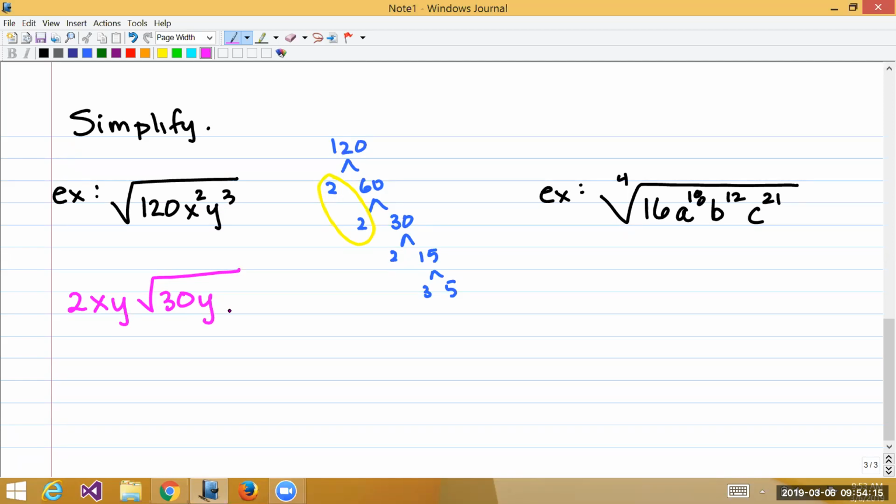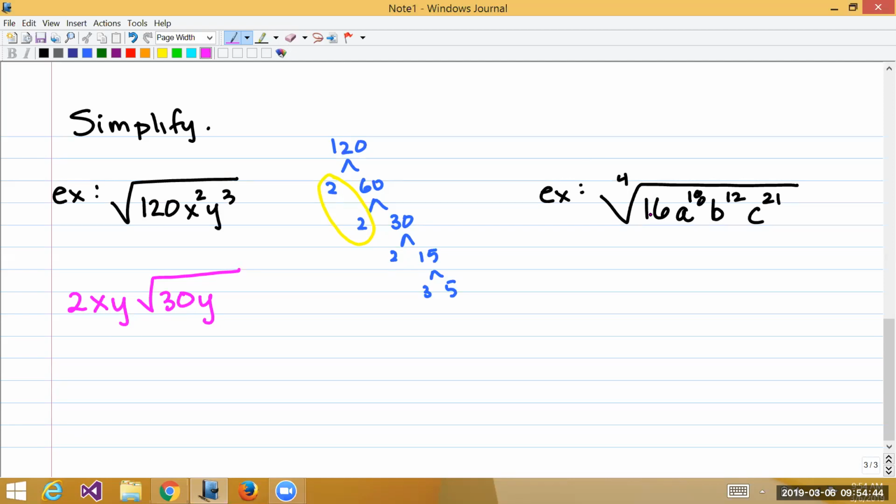Now, what we were talking about in the first section with the absolute values, I want you to note that in every section after 10.1, it states, assume no radicands were formed by raising negative numbers to even powers. So it's basically telling us that none of these variables represent negative values. So we don't have to worry about the absolute value bars.